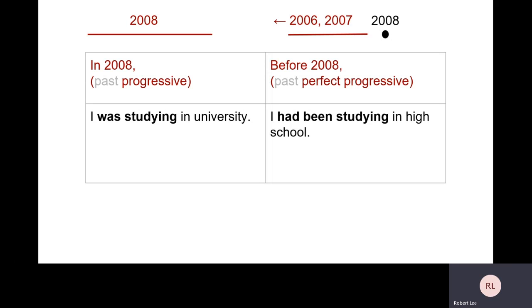On the right, event 2 is 2008, and event 1 is I had been studying in high school. Whereas on the left, there's only the one event, and that event of I was studying in university was happening in 2008.